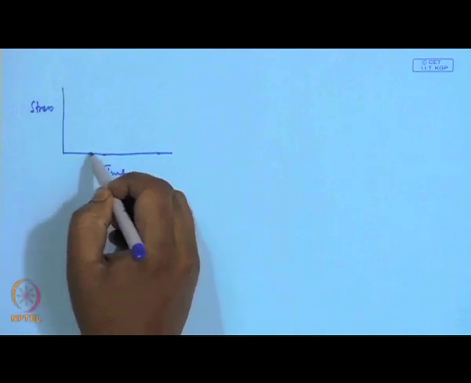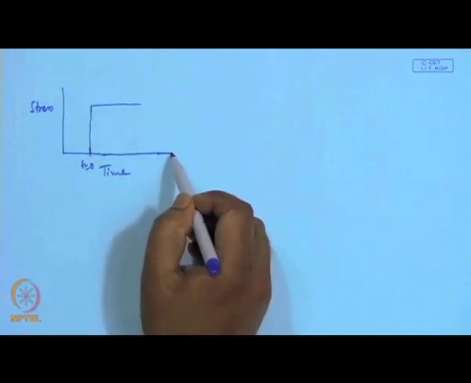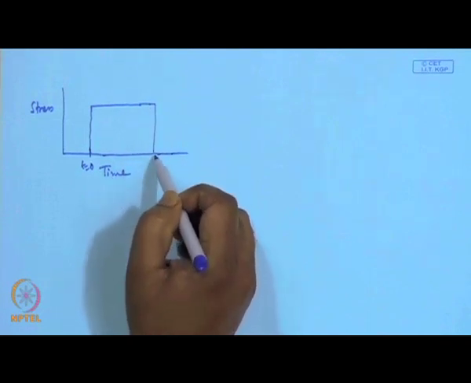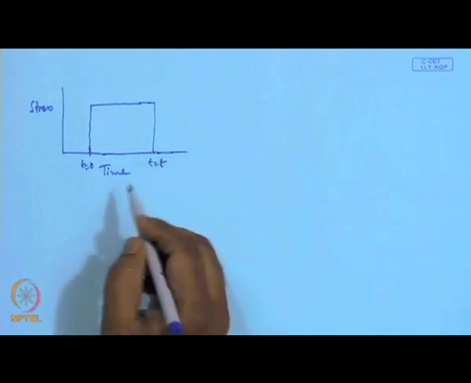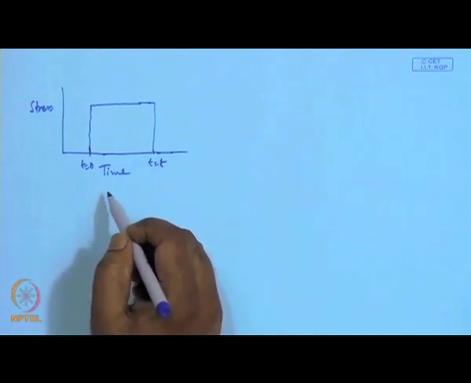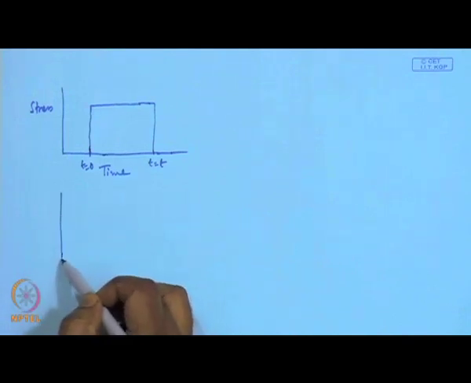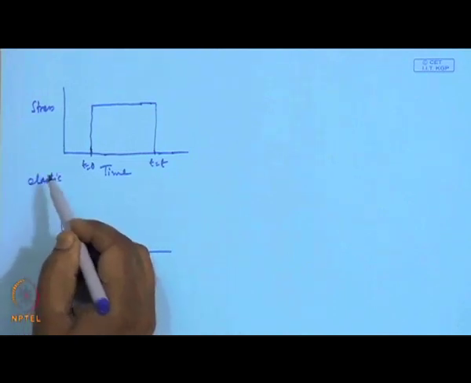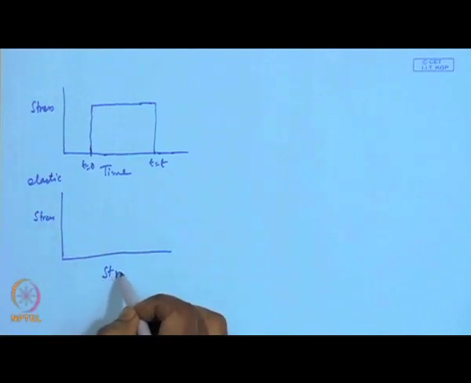Now, I apply it at some time t0 and keep it at a constant level for some time and then release, making it 0 at some time t. Now, what will an elastic material do? How will the strain by stress curve look like?